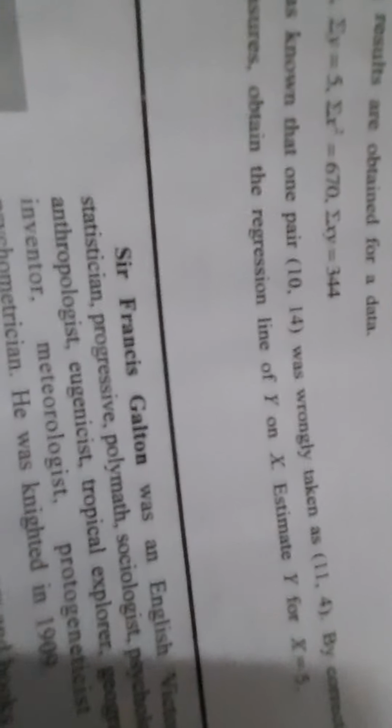What is written there? The following results are obtained for a data: n, sigma x, sigma y, sigma x square, sigma xy. Later on it was known that one pair 10 and 14 was wrongly taken as 11 and 4. The correct value is 10 and 14, but we have taken it as 11 and 4 wrongly, so we have to correct that.